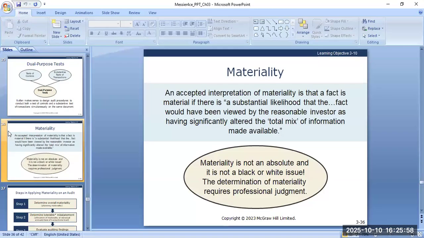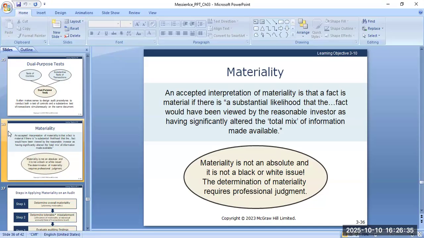The accepted interpretation of materiality is that a fact is material if there's a substantial likelihood that the fact would have been viewed by the reasonable investor as having significantly altered the total mix of information made available. So that's a very heavy description. Again, if you want to read it a few times and see if that still makes sense.